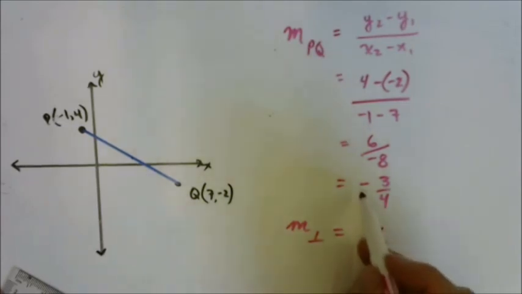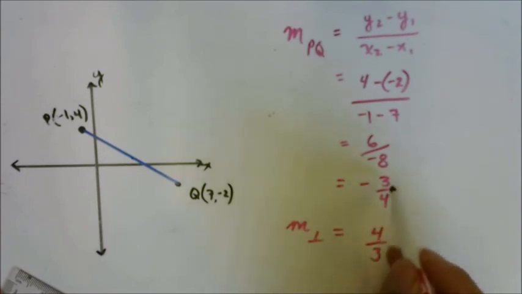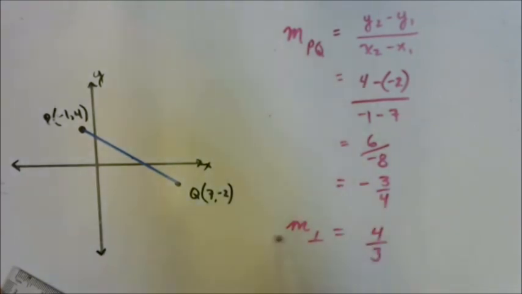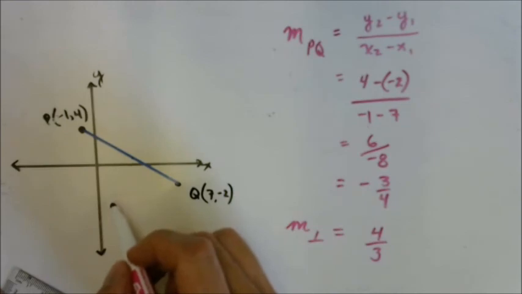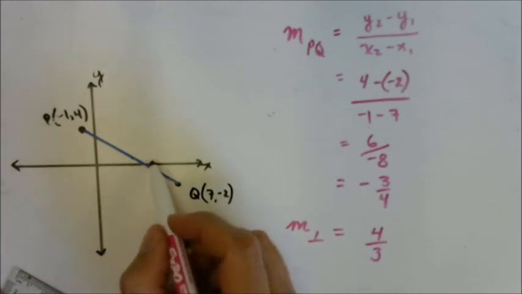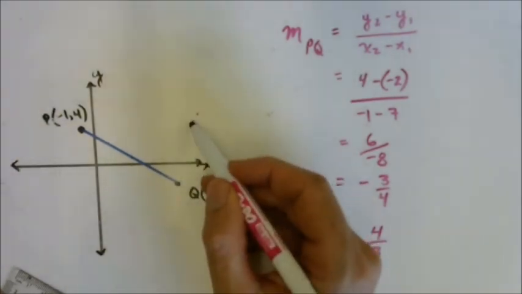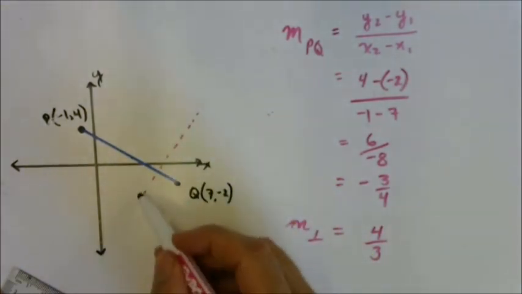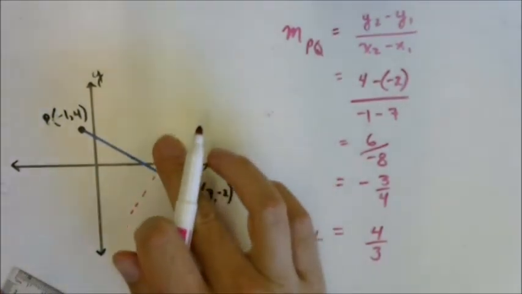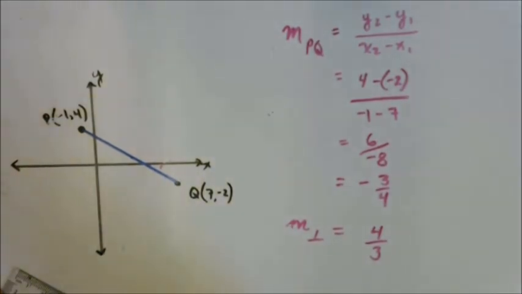It's the negative reciprocal: change the sign and flip the numerator and the denominator. Now we've created a line that goes up 4 over 3. And if I do that against this line, you can kind of see up 4 over 3, up 4 over 3. We're drawing a line that's kind of like this. Yeah, that's perpendicular.